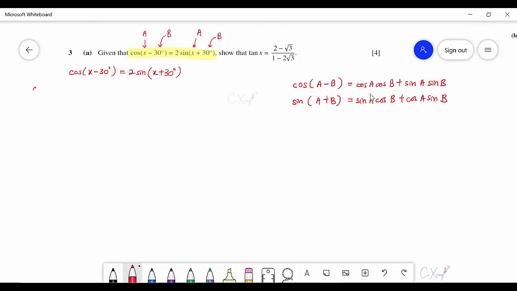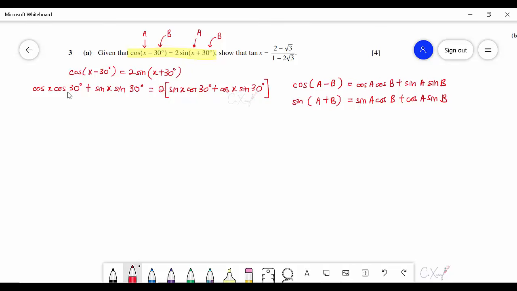When you expand it, you will have cos A cos B plus sine A sine B equals 2 times sine A cos B plus cos A sine B. Once you ensure that you substitute the formula correctly, you can substitute in the values that you get from trigo.